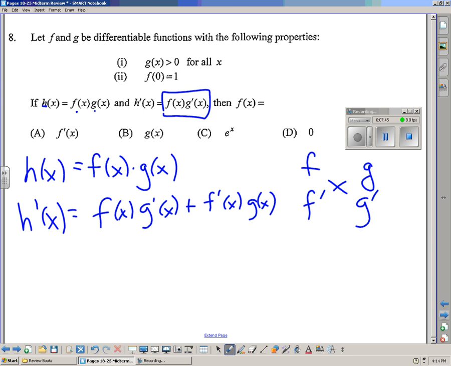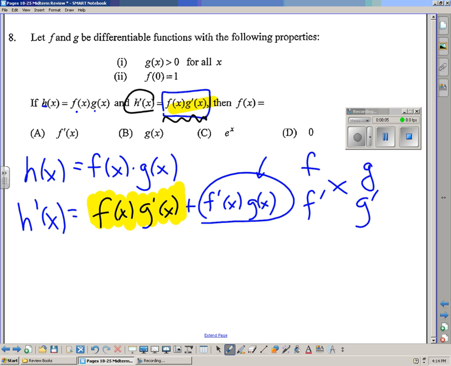But we're being told that h prime of x is just this first term. But we know from the product rule it's that term plus this guy.